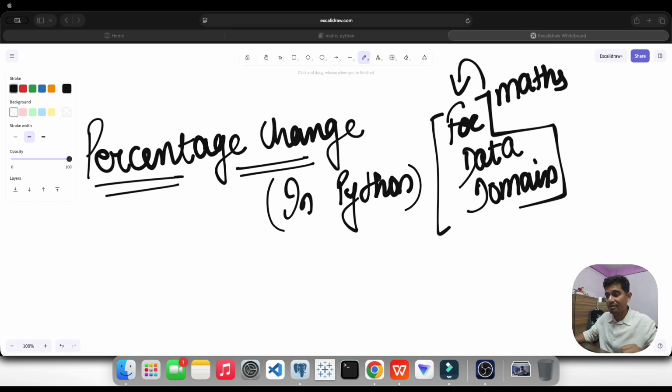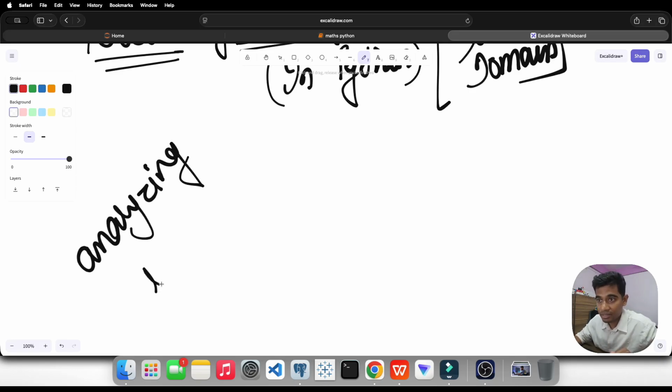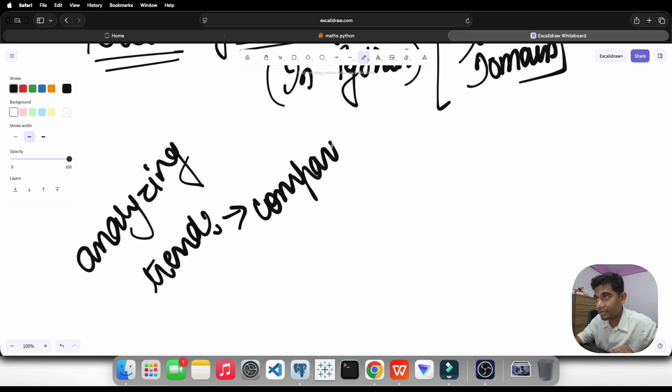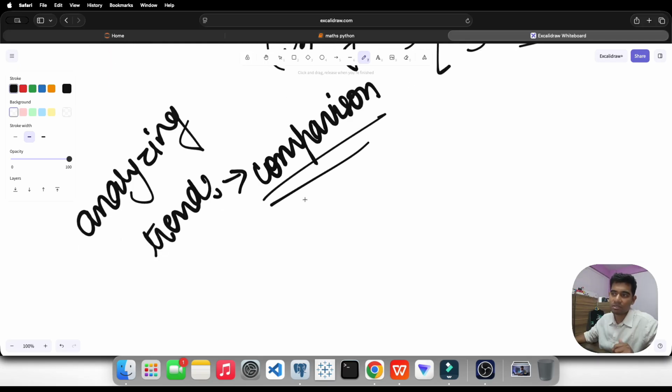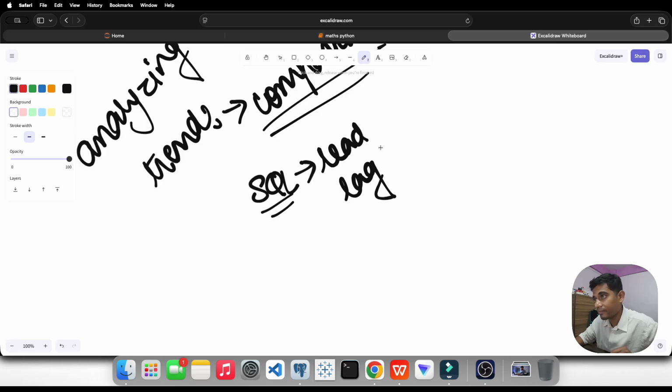Suppose analyzing trends in data can be done by comparison, okay? So analyzing trends is interconnected to comparison, right? So comparison means what? Suppose if we talk about SQL, in SQL we know about lead and lag.